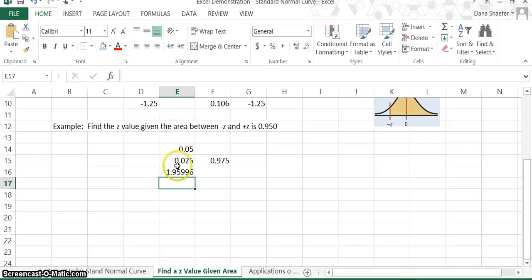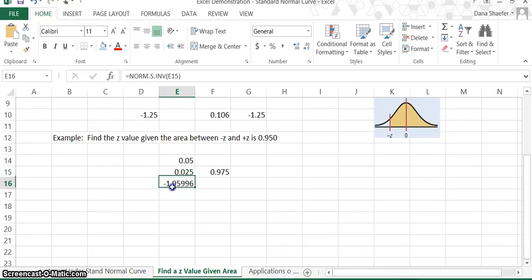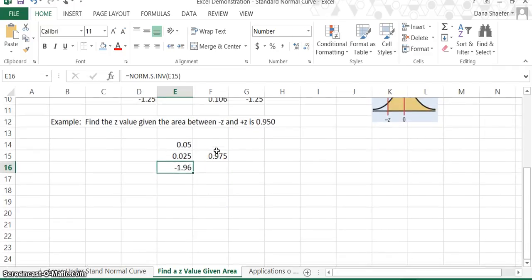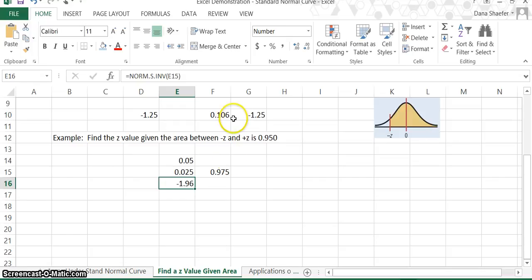And then we'll fix the rounding. Then on this one, we'll say exactly the same thing. So this is the value, this is the negative z. So the negative z is 1.96.